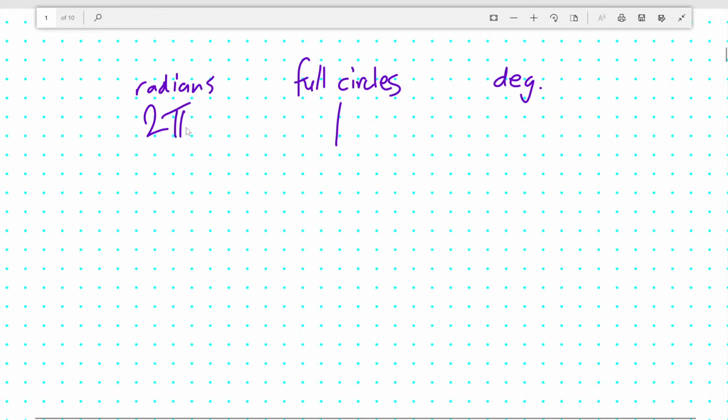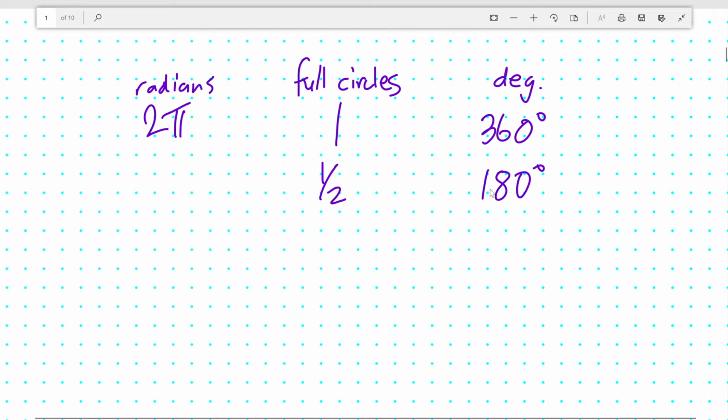Alright, so some useful things to know about radians is that, let's make a little table here: number of full circles, and then degrees, and radians. One full circle is 2 pi radians because there are 2 pi radiuses in a full circumference. It makes up 360 degrees. A half circle, for example, takes the half of all these values.